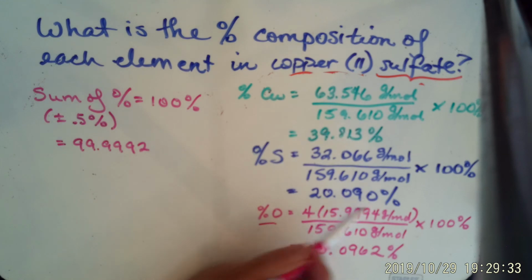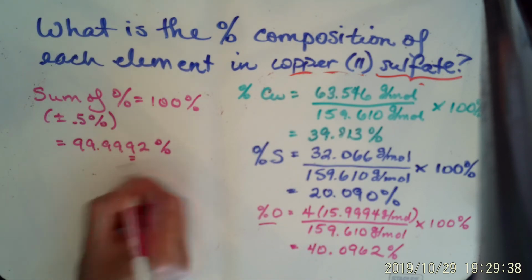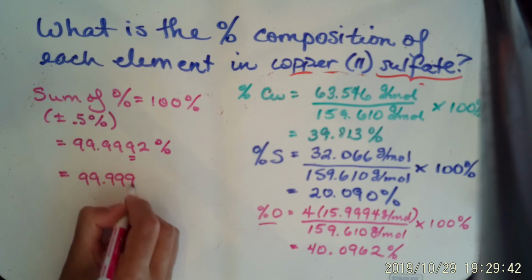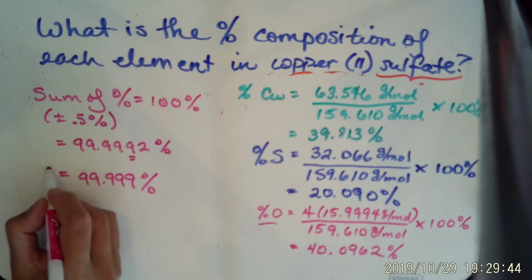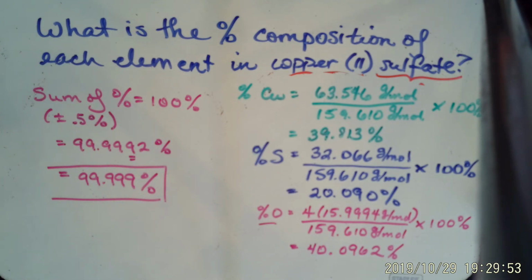This goes to the third decimal place, so 99.999%. Why do we get some small deviation? That's going to be due to rounding errors. But essentially, we're done and we've completed calculating percent composition.